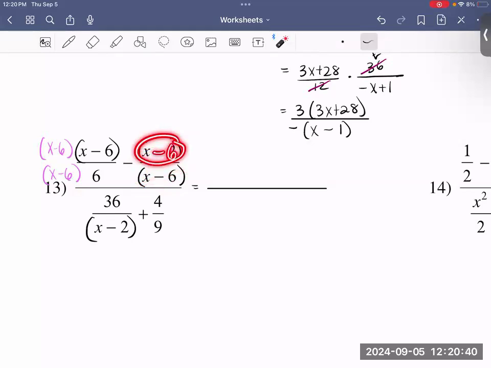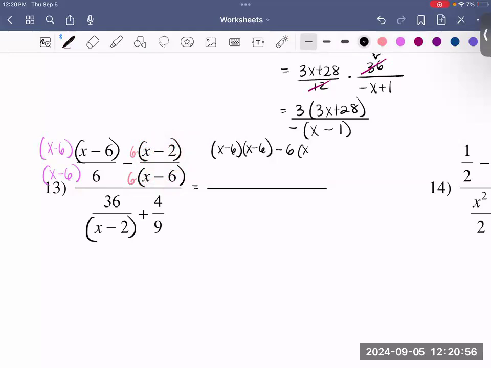This would have to be a -6 at the top as well. Now on your other side, it's missing 6. So in your numerator, we have x minus 6, x minus 6, minus 6, x minus 2, all over your common denominator of 6, x minus 6.